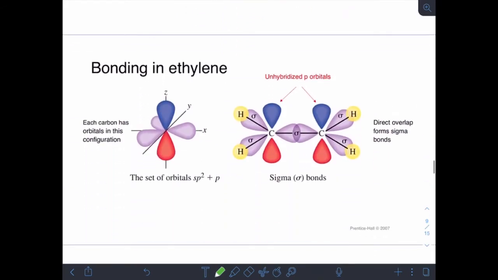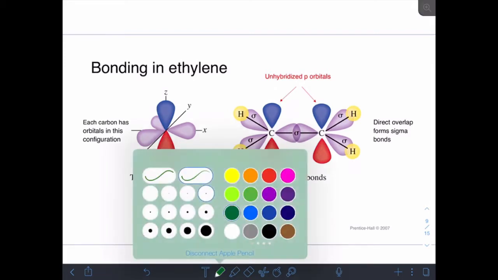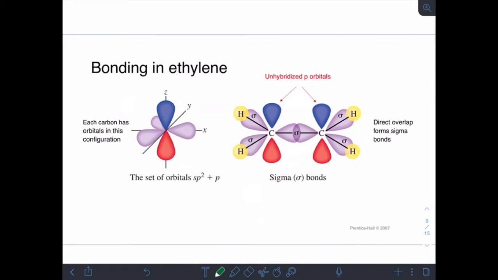All right, now let's talk about how those unhybridized p orbitals come into play. Ethylene has a basic Lewis structure that looks like this. We played with this one higher up in the slides.